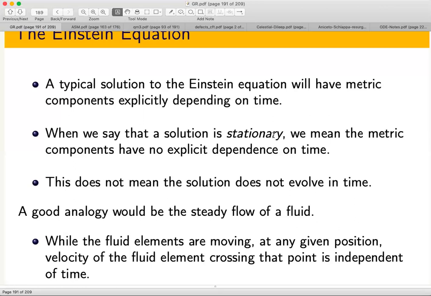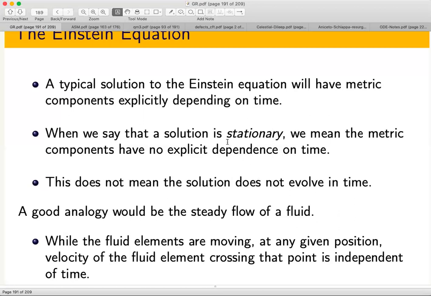No matter what is the value of alpha beta, g alpha beta is a function of only spatial coordinates and not the time coordinate. Now, simply because it is not dependent on time does not mean that it doesn't evolve in time actually, I mean it has no explicit time dependence. That is what one means by a solution being stationary.